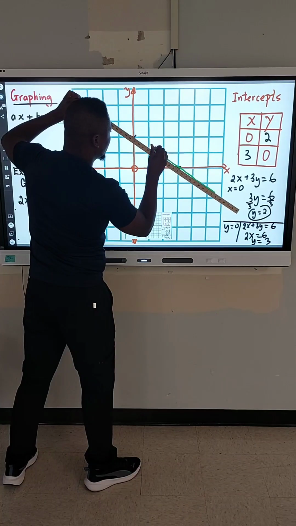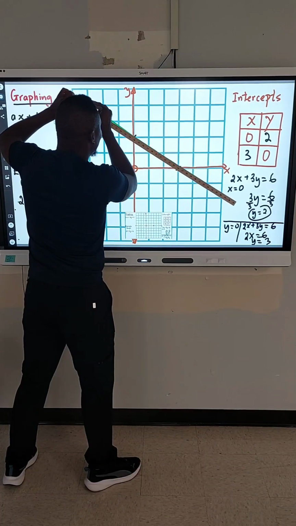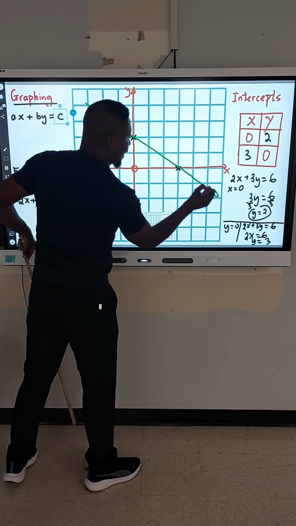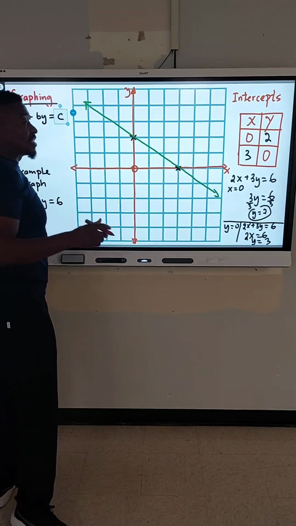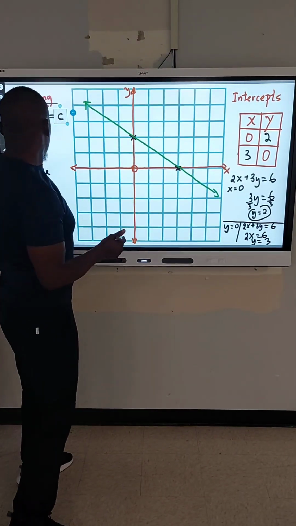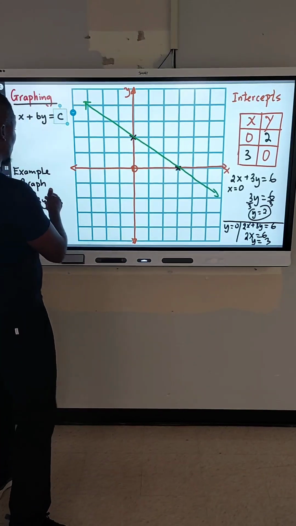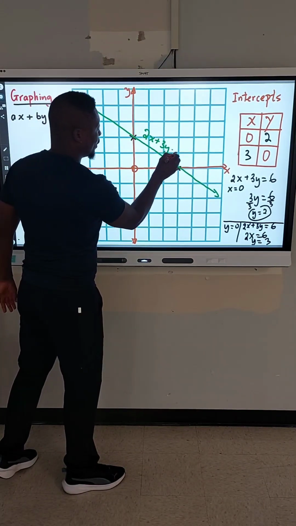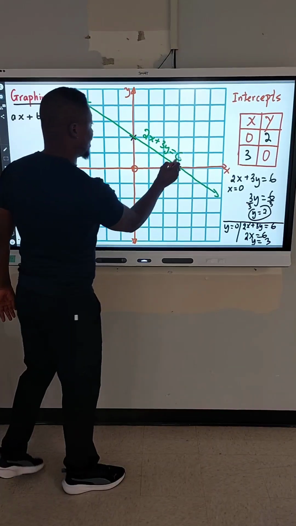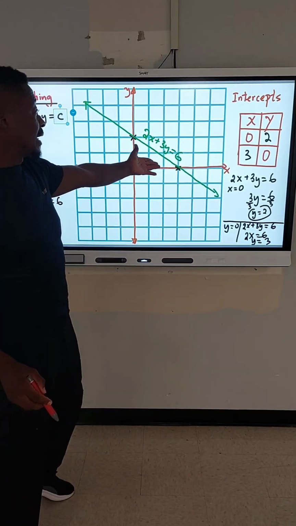Draw the line to cover the entire graph space so that the line goes ahead to cover even points that you did not plot. And so, this is the line for the equation 2x plus 3y equals 6. That is the graph of that equation.